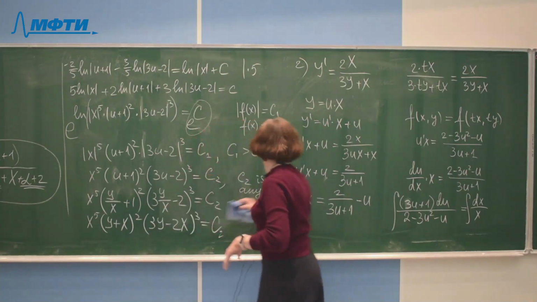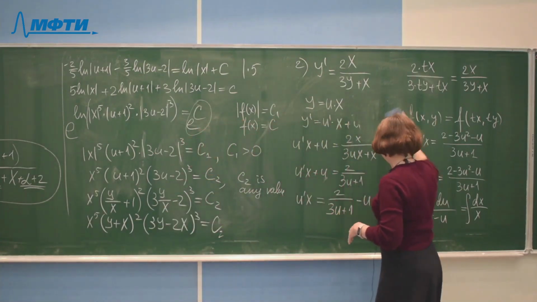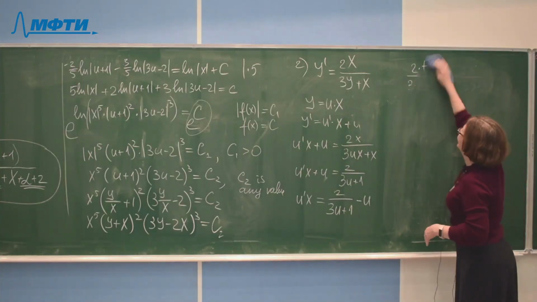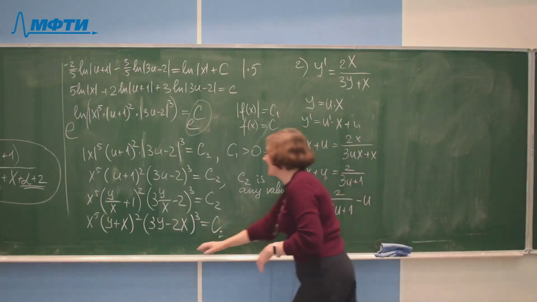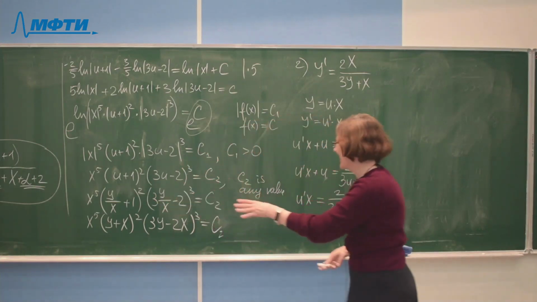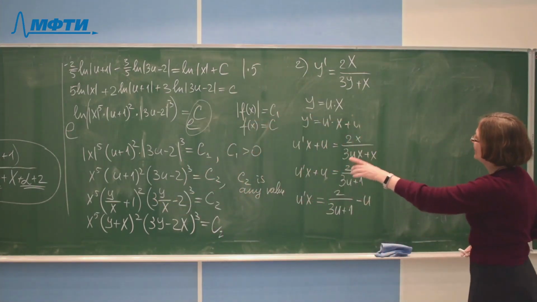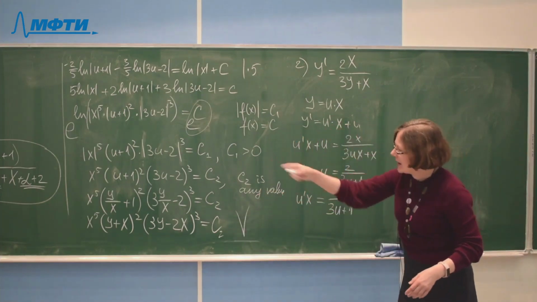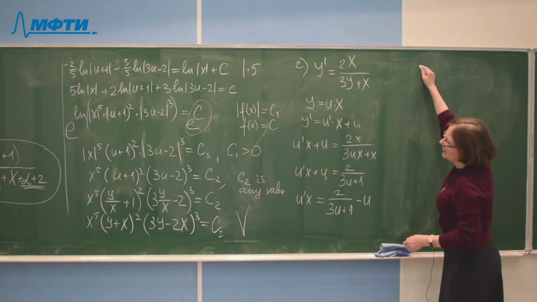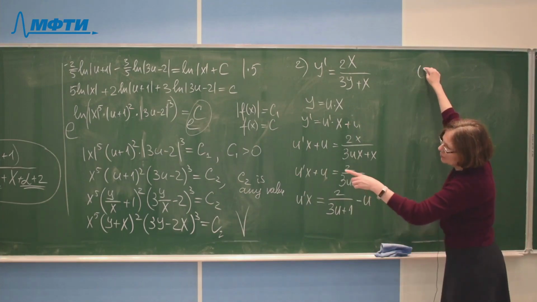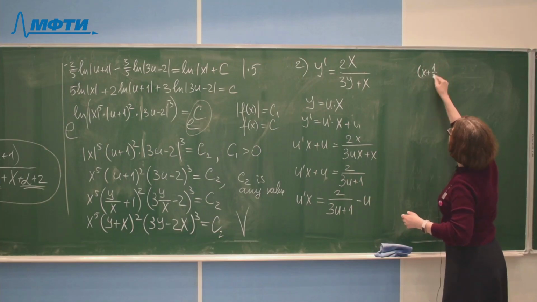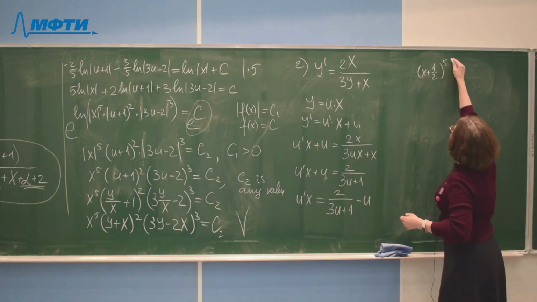Okay, right. So now we will finish. Let's complete this, and then that will be all, right? So this is our equation, and now let's make a back substitution. So we will substitute x plus 1/2. So x small plus 1/2 raised to the 5th power.